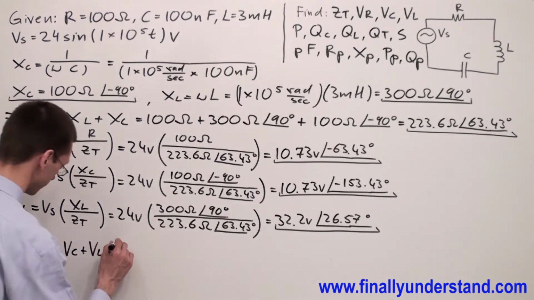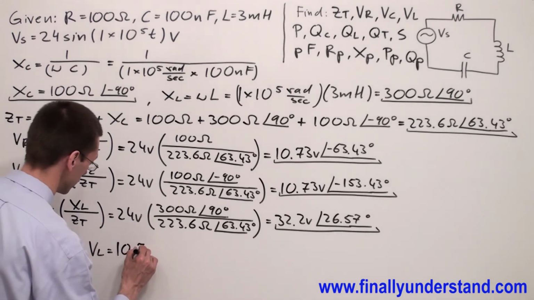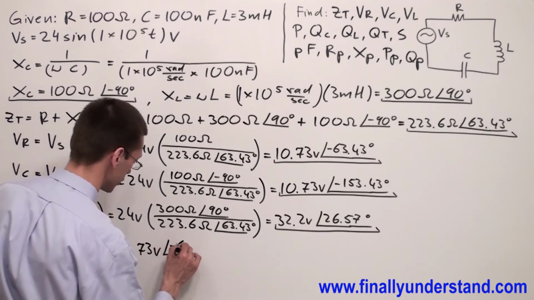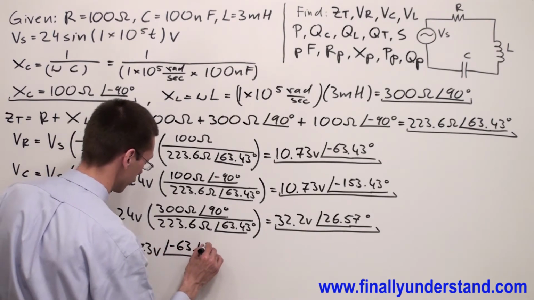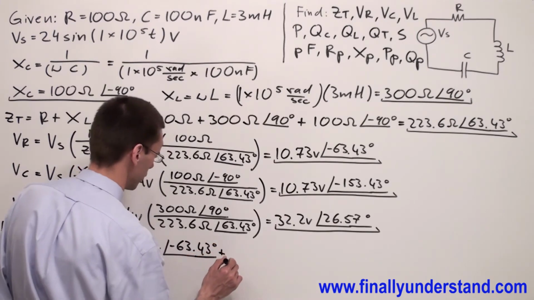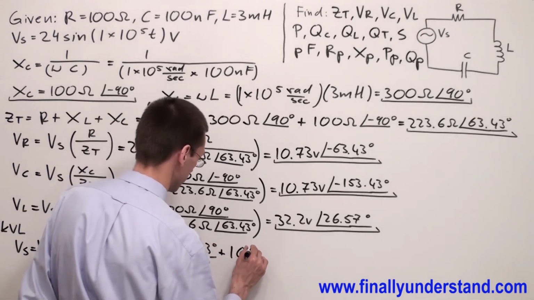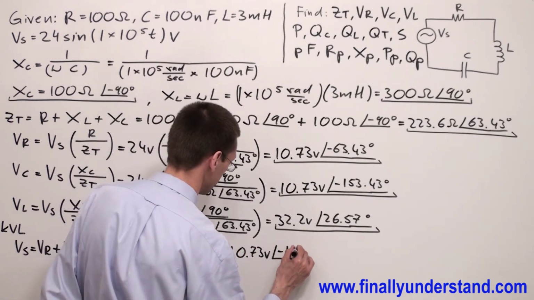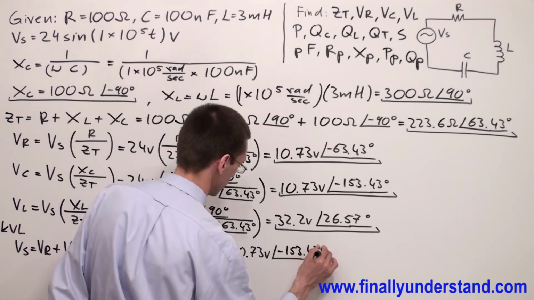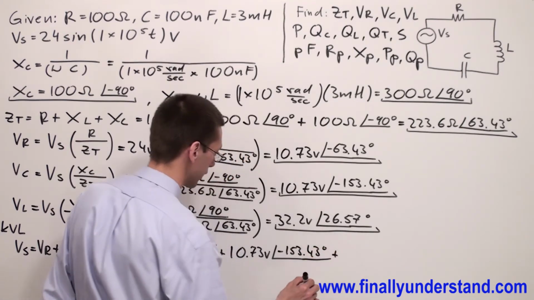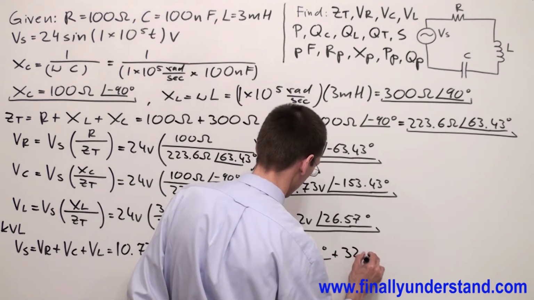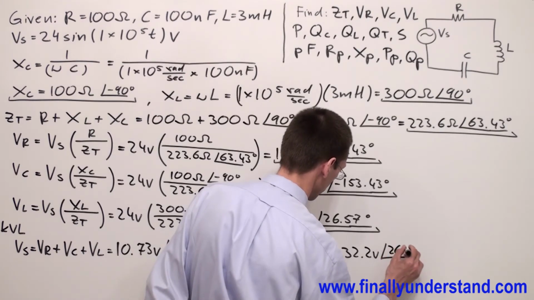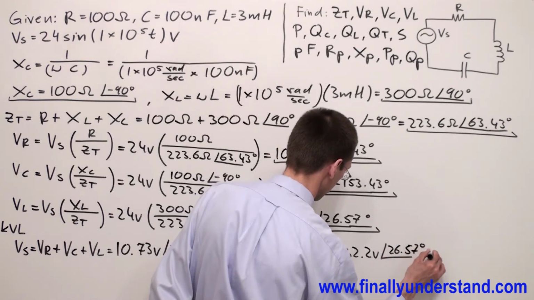So we have 10.73 volts and angle of negative 63.43 degrees plus 10.73 volts and angle of negative 153.43 degrees plus 32.2 volts and angle of 26.57 degrees.